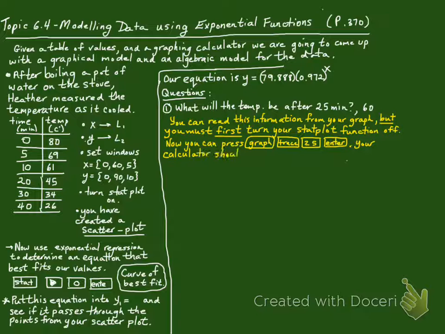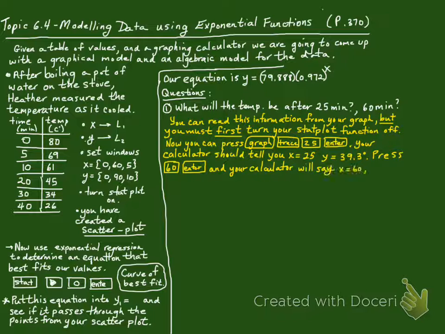Your calculator should tell you that x is equal to 25 and y equals 39.3. Now that 39.3, that's degrees. If you press 60 enter now, your calculator will say x equals 60, y equals 14.5 degrees. So after 60 minutes, the temperature will have dropped all the way down to 14.5 degrees.